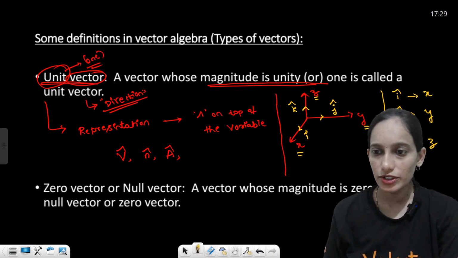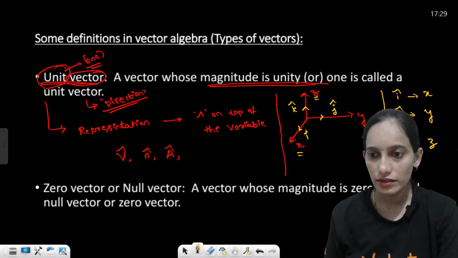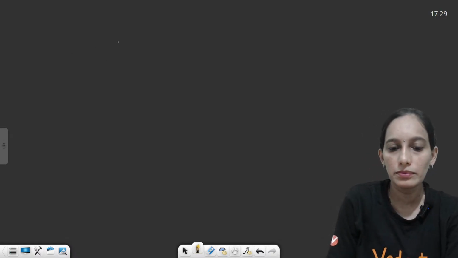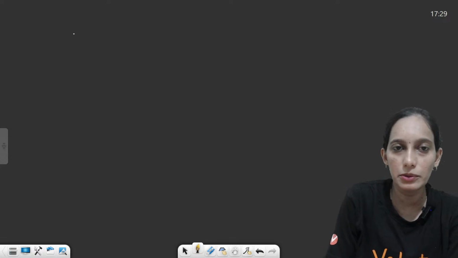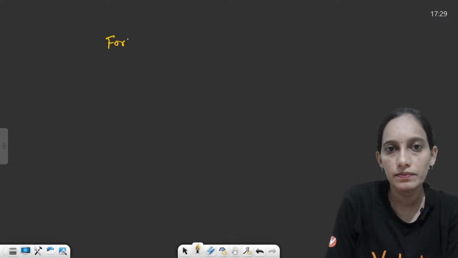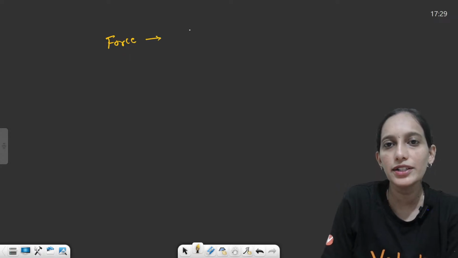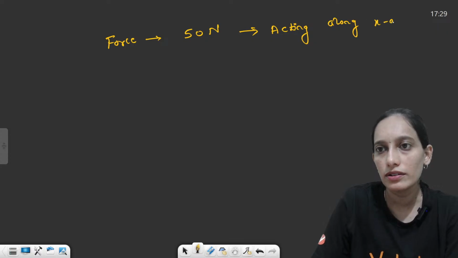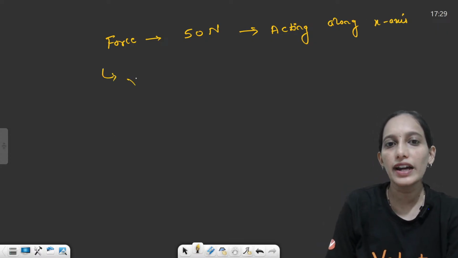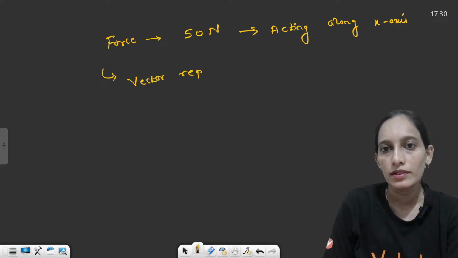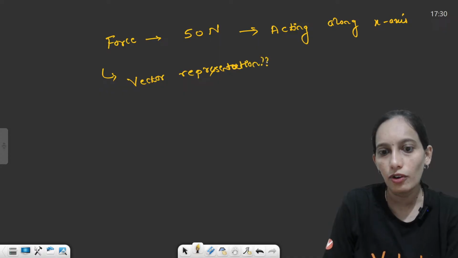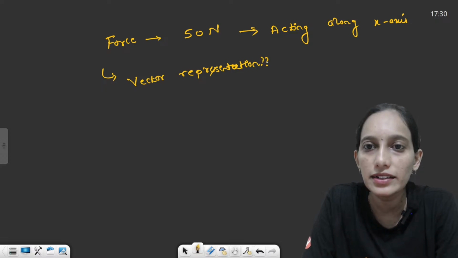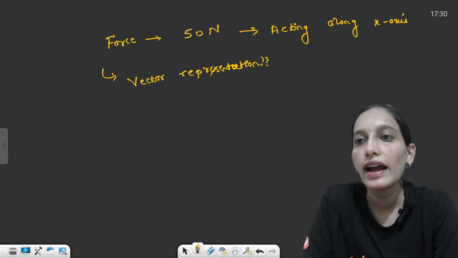Yeah, so I'll just give you one small problem. Okay, it's not a big problem, it's just a simple one. So I'll say there is a force of magnitude some 50 Newton, let us say, acting along x axis. Write its vector representation. Okay, I want you all to write down the vector representation of 50 Newton acting along x axis.